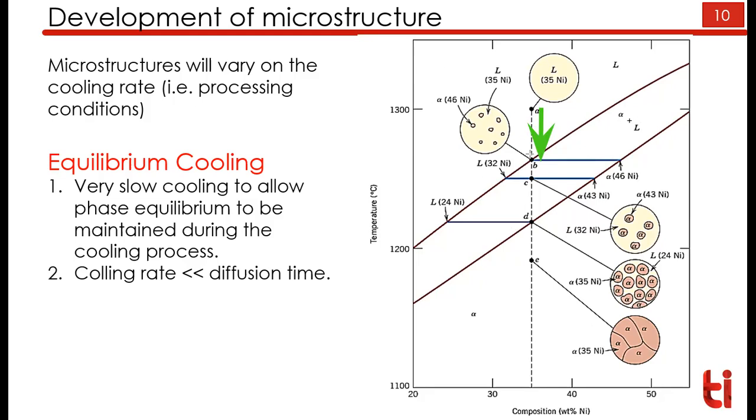Now we reach point B, and the corresponding temperature is somewhere around 1270 degrees Celsius. At point B is where your solidification just starts.